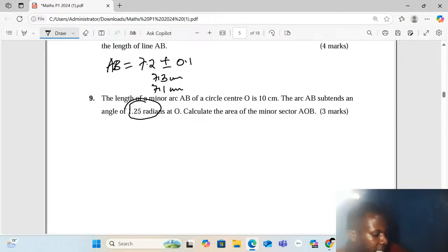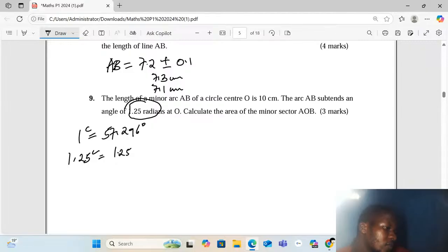1.25 to degrees. We know 1 radian is equal to 57.296 degrees. Now let's convert 1.25 radians. This will give us 1.25 times 57.296.